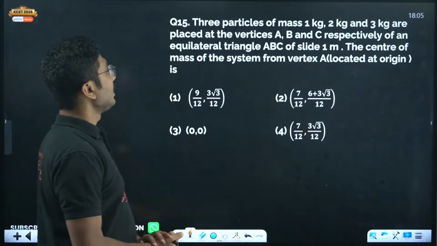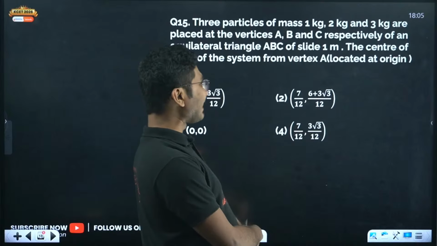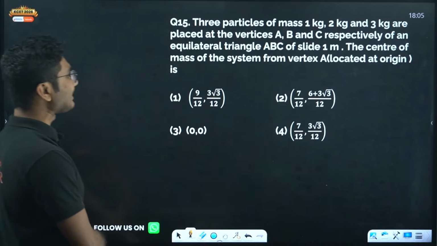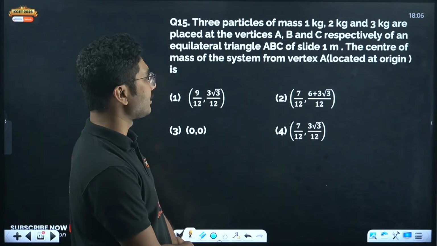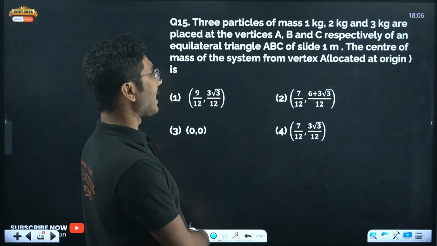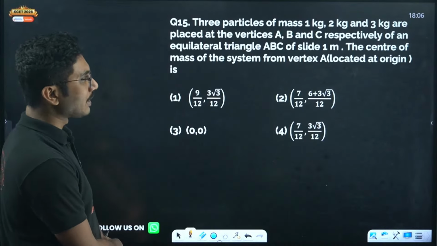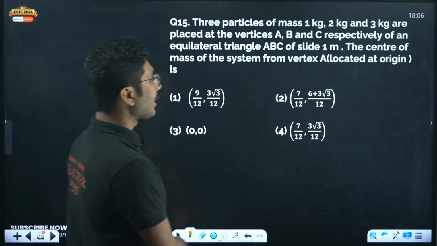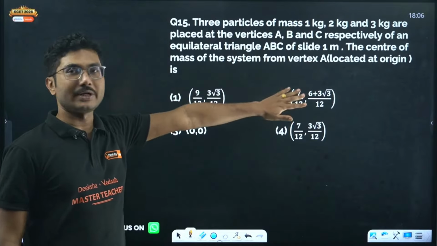Now next, 3 particles of mass 1 kg, 2 kg and 3 kg are placed at the vertices A, B and C respectively of an equilateral triangle ABC of side 1 meter. Find the center of mass of the system from the vertex A located at the origin. Now this question was not given as a bonus initially.